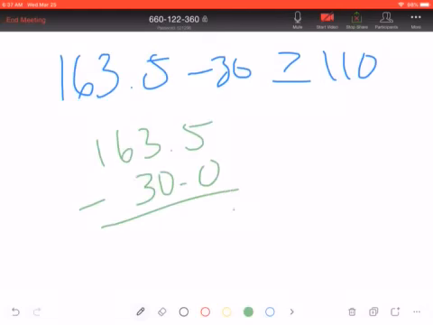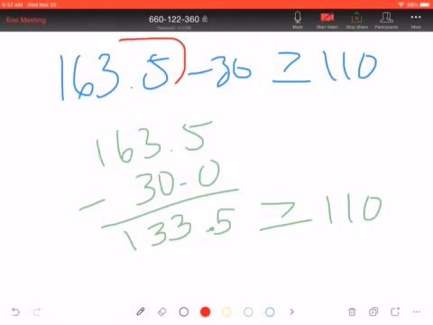And I think you can already see that the answer is yes. It's 133 and a half. Is that greater than 110 or equal to 110? Yes, it's greater than. So that means this estimate would work. Okay, so basically we're just plugging them in and we're seeing whether or not they make our inequality true. Okay, let's look at B.